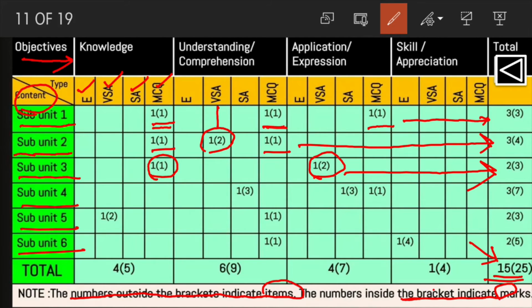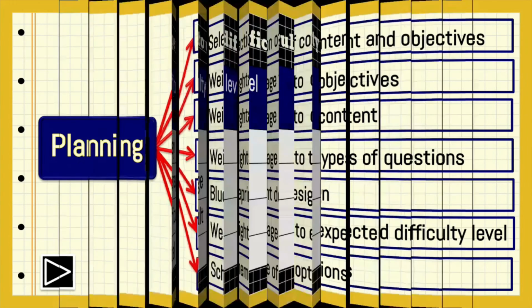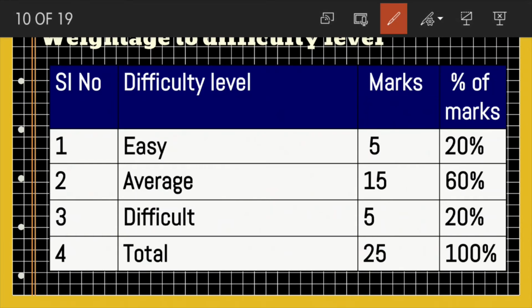So, on the basis of the blueprint, you might have got a rough or general idea about the distribution of the 3 dimensions in the blueprint. Now, let's move towards the next dimension, that is weightage to the difficulty level. A class has 3 types of students: below average, average and above average. So, your test should provide opportunity to the bright, mediocre and the weak students.